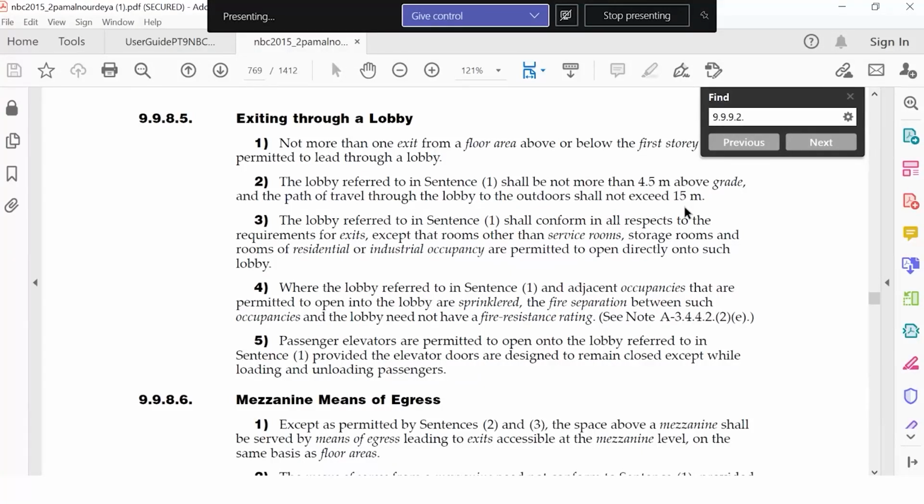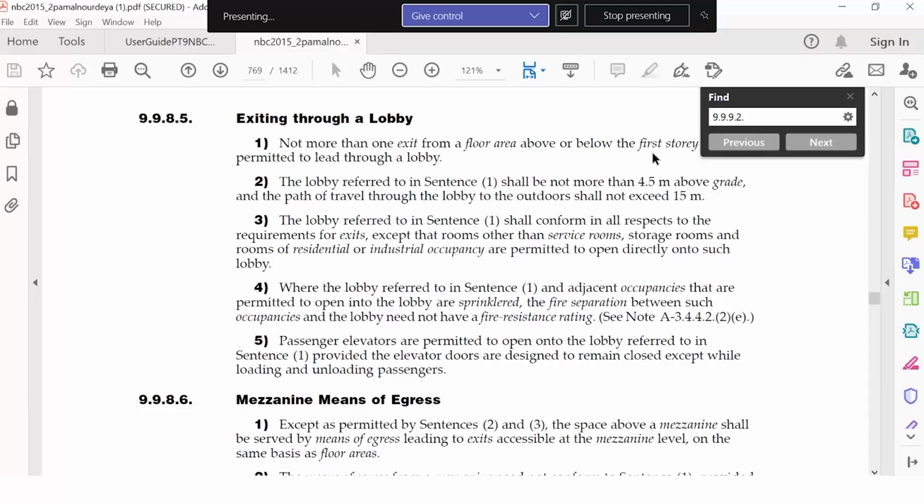So you will design the lobby to meet certain requirements for exits. However, the actual exit itself is the exterior door from the lobby, and that needs to be within 15 meters. And the only reason you're protecting the lobby is because you have one exit from the floor area above or below the first story opening onto the lobby.